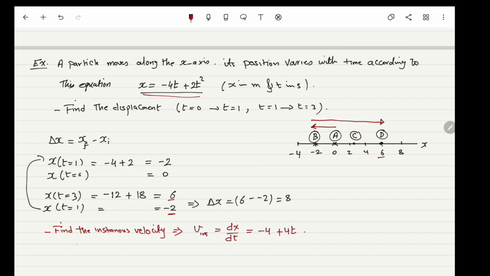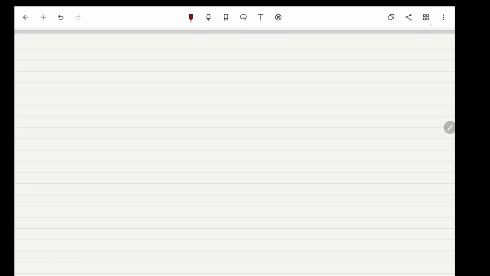Now if we want to calculate the instantaneous velocity when t equals 2.5 seconds, you just substitute t in this one here, it's -4 plus 10, which equals 6 meters per second.